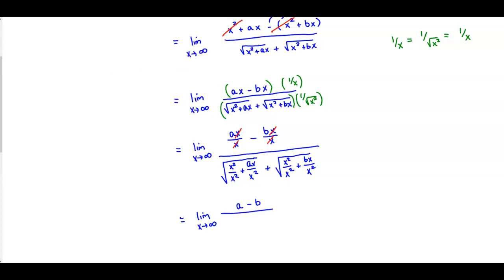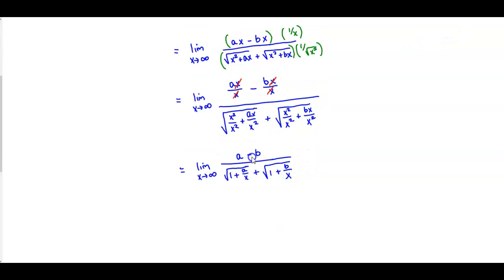And then we can also see that x squared divided by x squared leaves us with 1 plus, we can divide out the x, so that's going to leave us with a over x, plus we have x squared divided by x squared, which is 1, plus b over x. Now a and b we assume are constants.